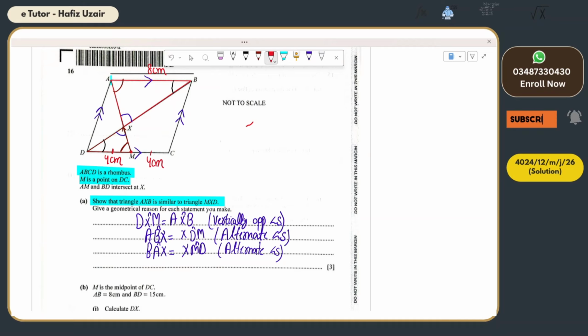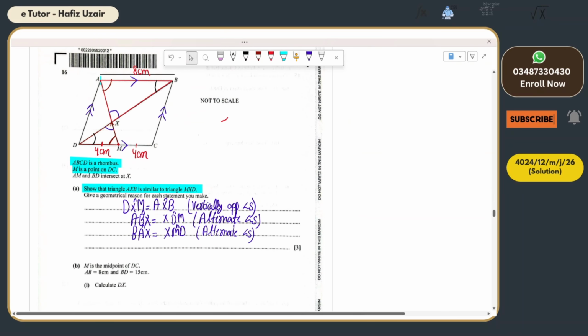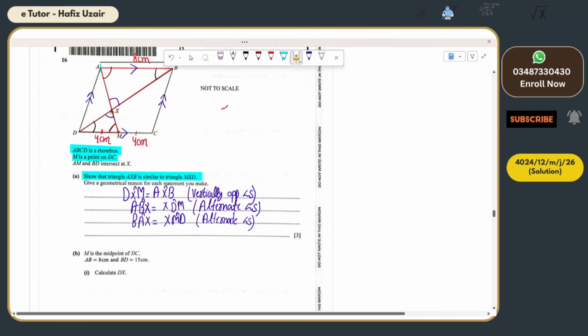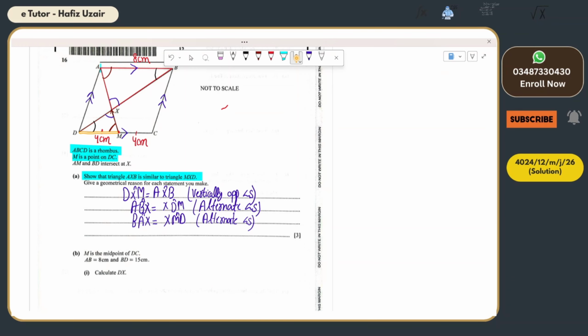Also you have BD that is equal to 15 centimeters. So BD over here is equal to 15 centimeter. We need to calculate the value of DX. Let's find out. Because these are two similar triangles, the ratio of corresponding lengths must be the same. So DM and AB are corresponding lengths.